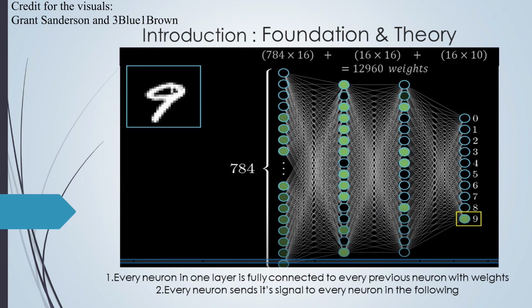Then, there are 16 neurons in the first layer, 16 neurons in the second layer, then 10 final neurons representing our possible digits. This means, in this rather small model, there are just under 13,000 different weights. And that's not including all of the possible bias terms you may want to add to the neurons.